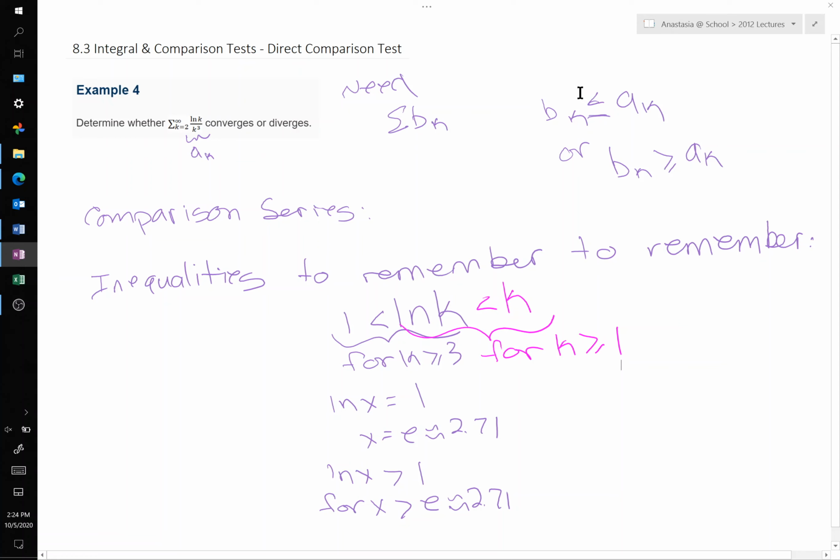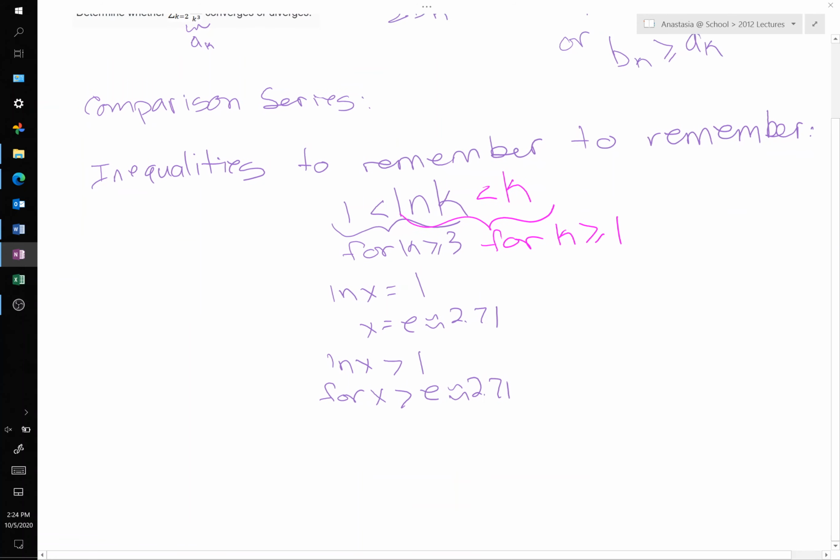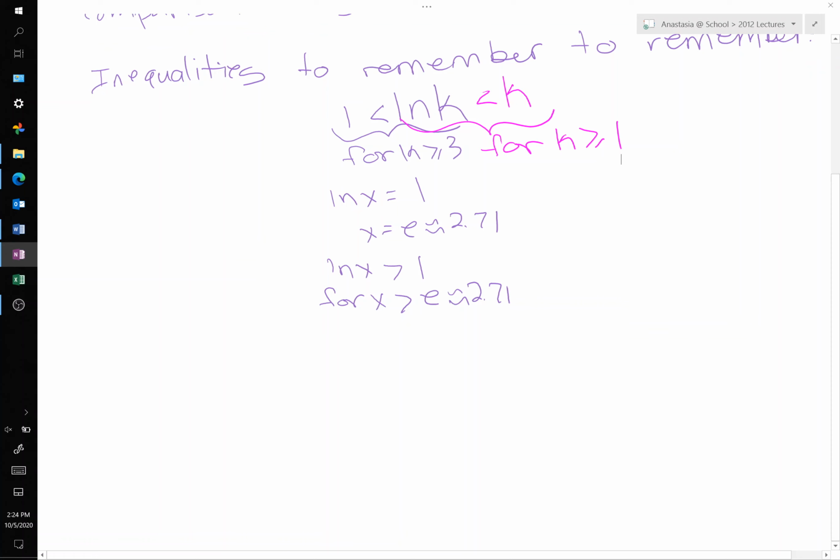Notice for the direct comparison test, we want some sort of inequality relationship between ak and bk. So if we have these relationships here, then we can use that instead of the natural log of k in the numerator. But to begin with, we don't know which one of these options is better to use. So let's try using both options and see which one works out better.